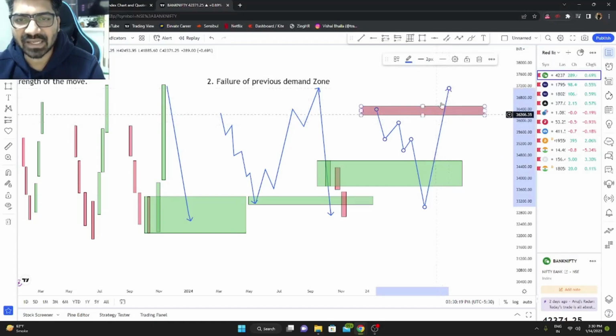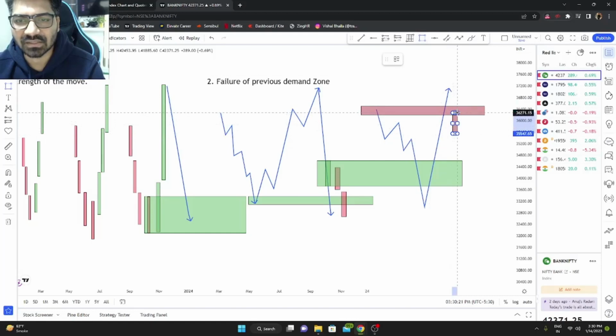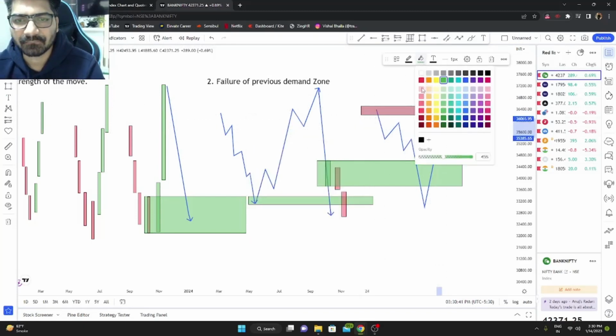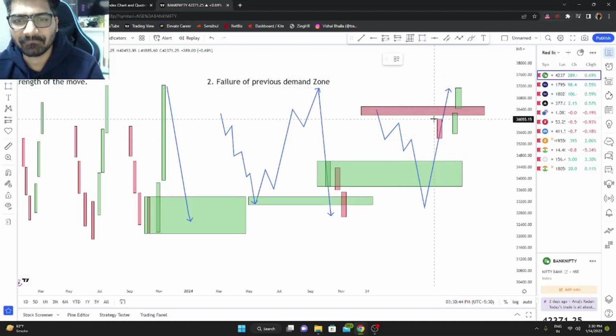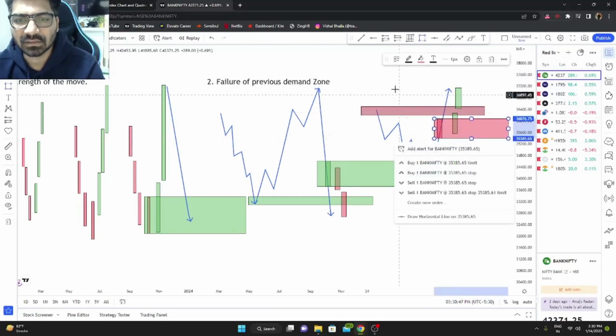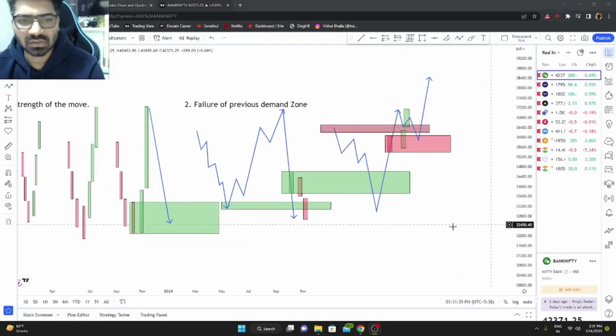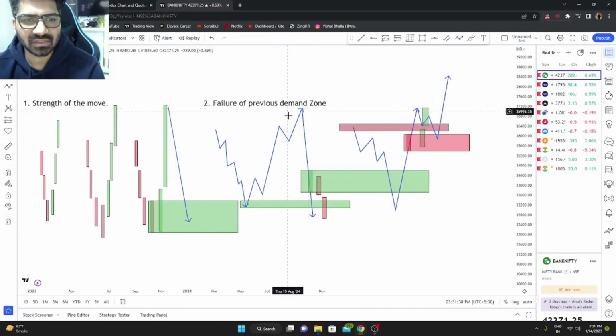So the market will move up like this, break this previous supply area, and whichever previous selling candle we have, that will become our sell to buy demand area. I hope you got this point. So whenever the market will retrace back in a corrective manner over here, you can look for continuation longs. So that is how you can identify on the basis of this second criteria.